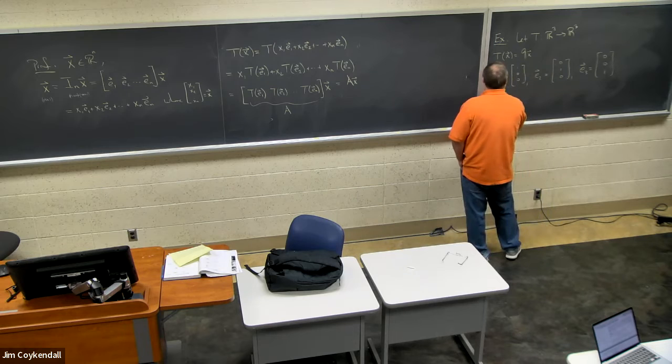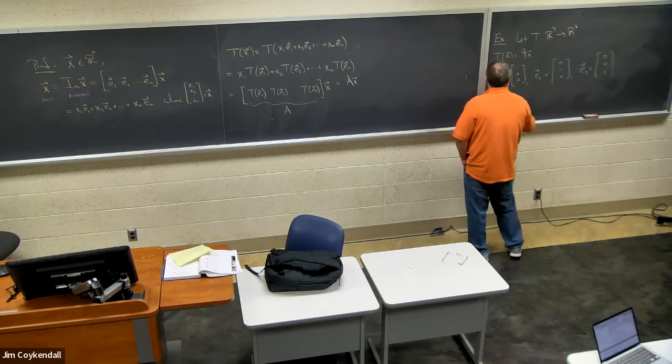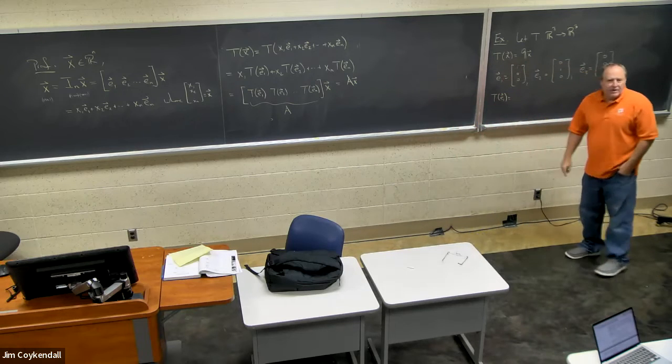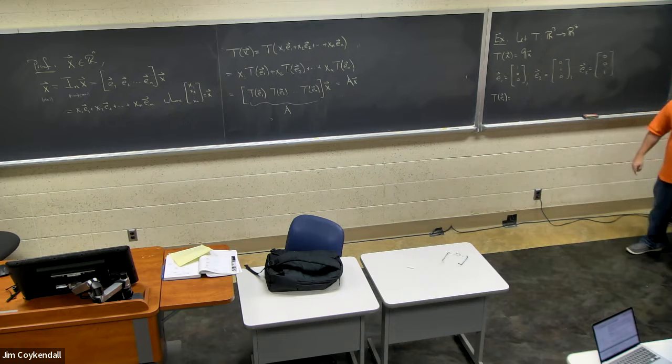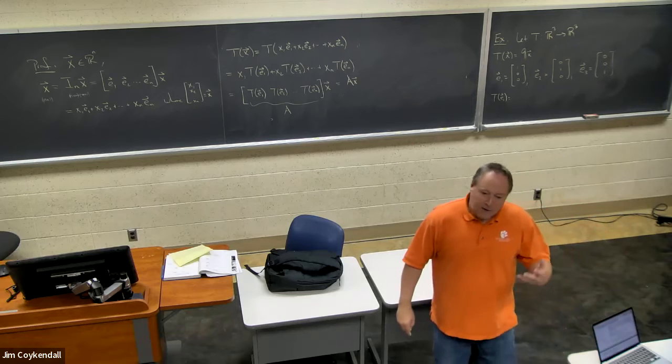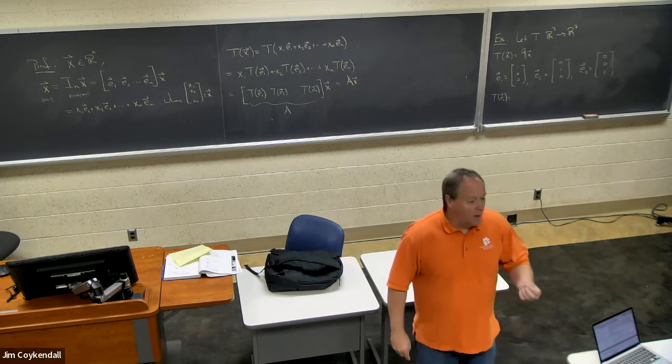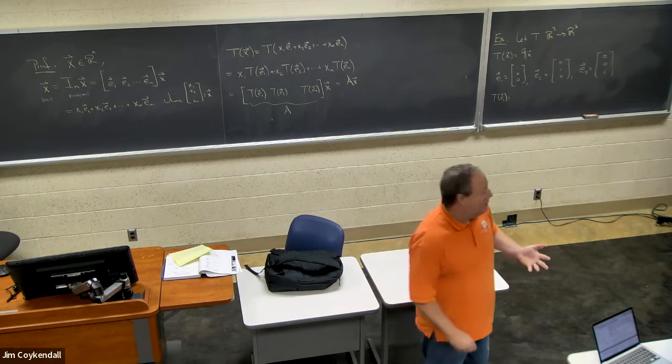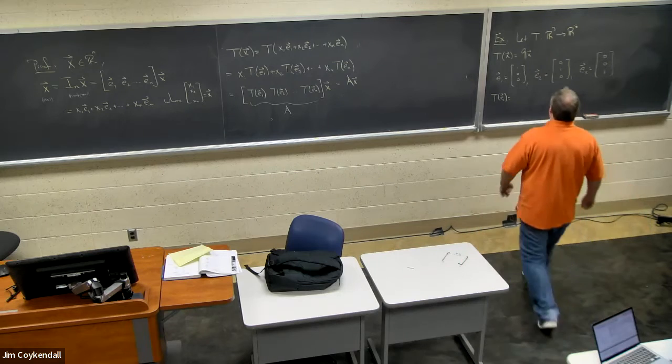Now, what does this linear transformation do to E1? Yeah, that's right. Basically, all it does to E1 is multiply it by 9, right? So there you go.